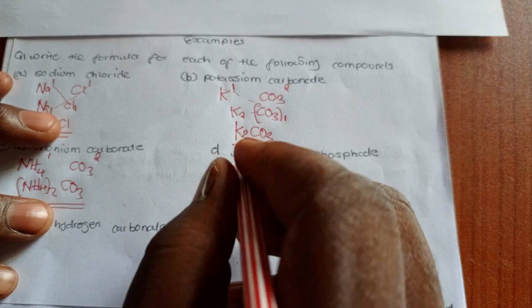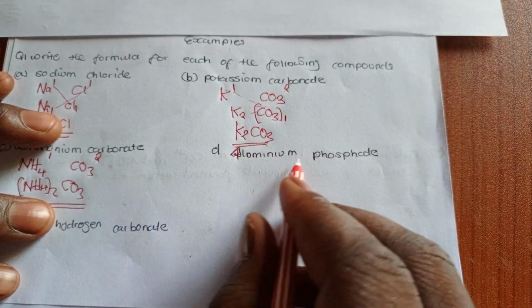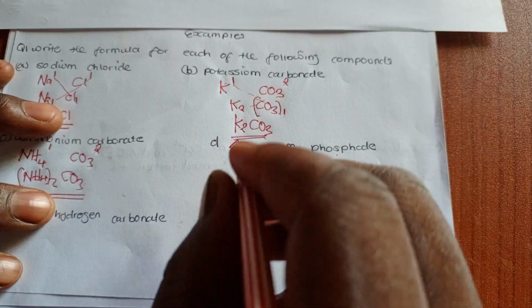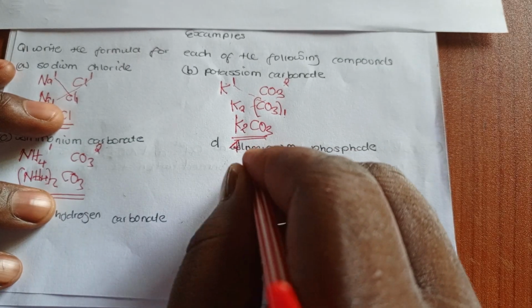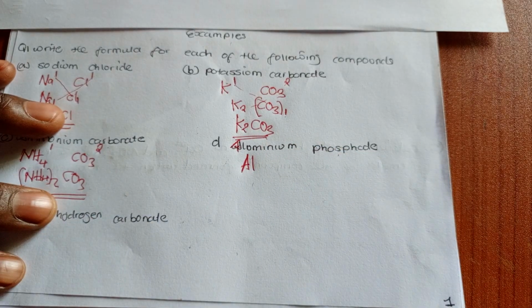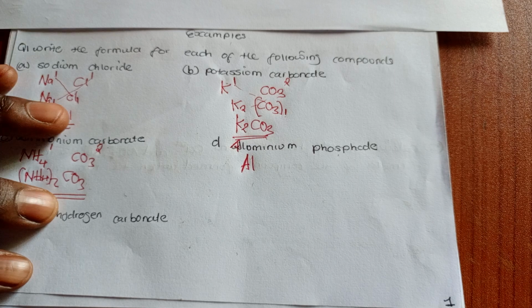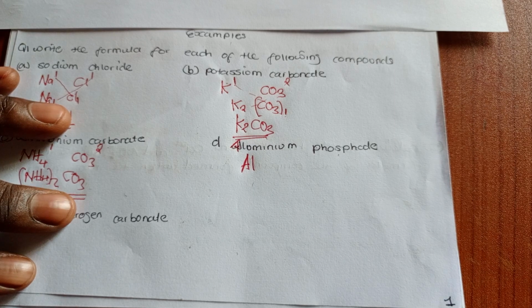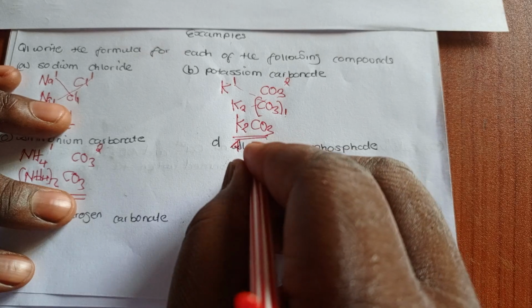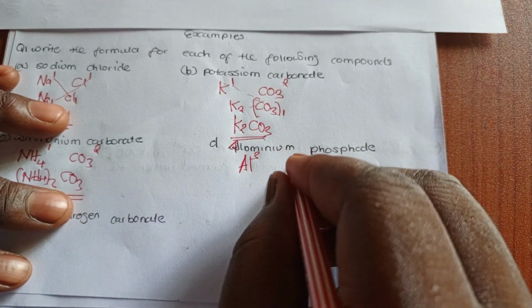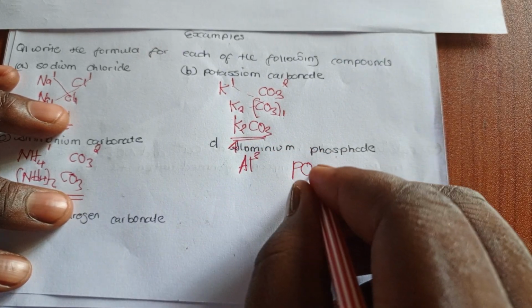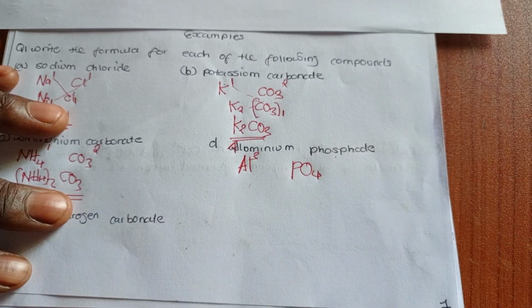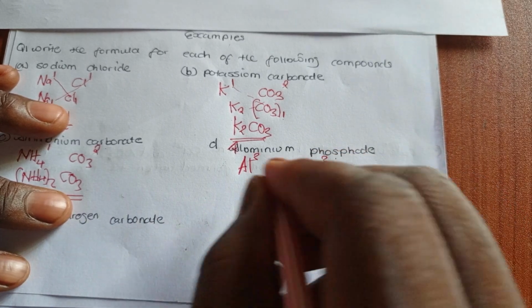Then I go to aluminium phosphate. The formula for aluminium is Al, and aluminium is in group 3 of the periodic table, and it has a valence of 3, supposed to lose 3 electrons. So I'll write 3 here. Then phosphate, the formula is PO4 with a valence of 3.